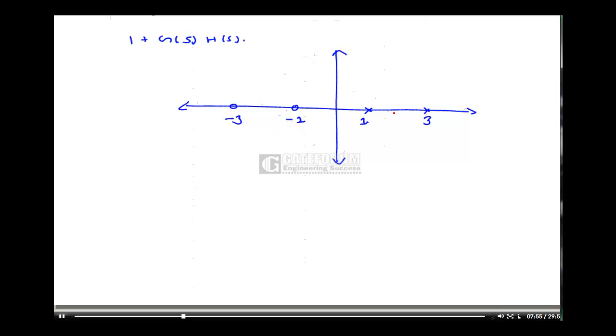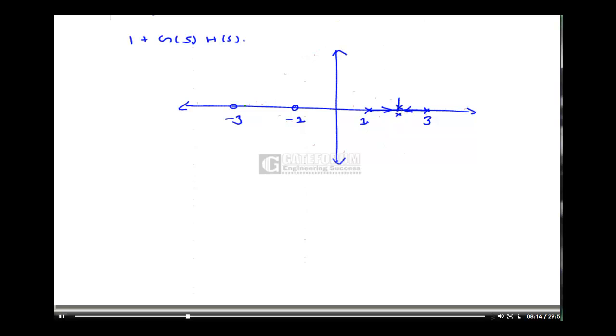Since the poles are together, both poles will try to come close to each other. At a certain point both poles will meet, and after that they will break apart. When the poles break apart, they will go to the two zeros present.